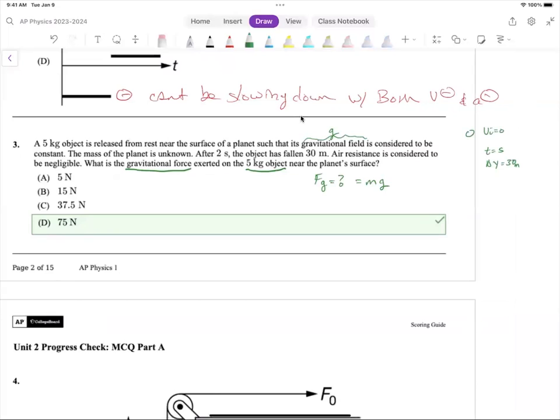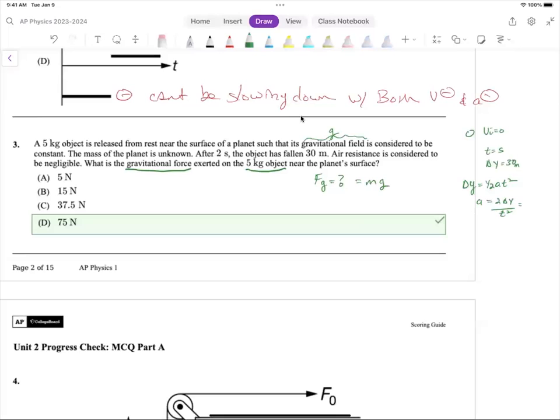And I can then determine the little g. So let me see what equation I use, number 3. Delta y equals 1/2 a t squared. The initial velocity is 0, so that second term cancels out. a equals 2 delta y over t squared.